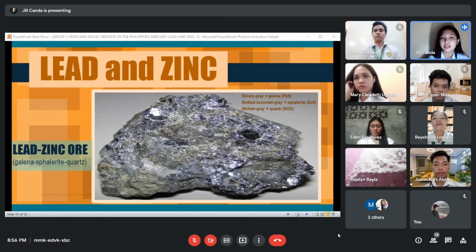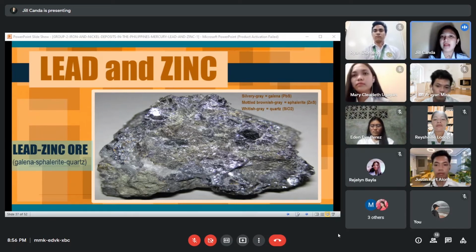It's like a dull gray color there, but other sphalerites are dark black, often called blackjack, while others are reddish to brown, yellow, and sometimes yellow-green. The whitish gray color there is the mineral quartz.